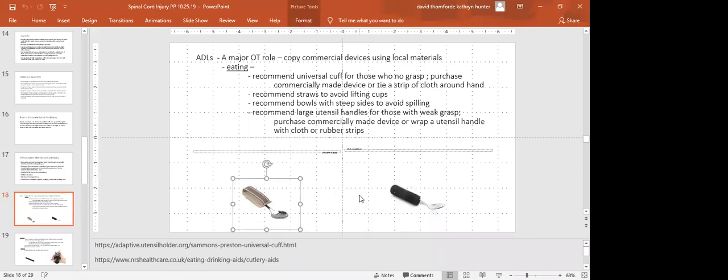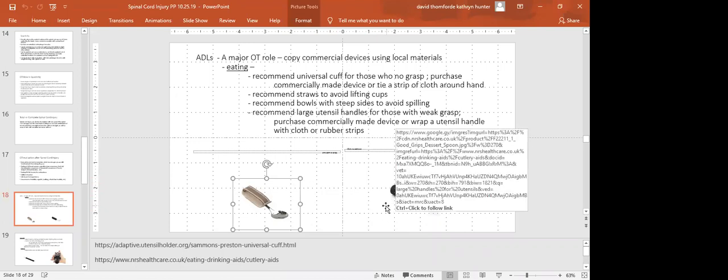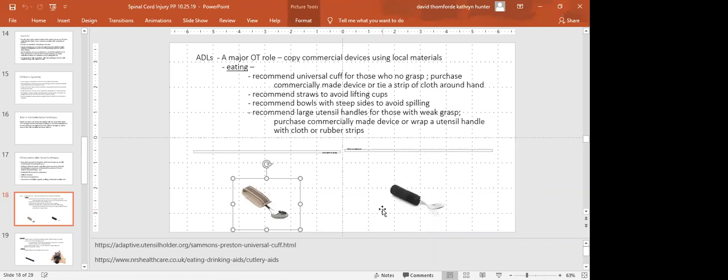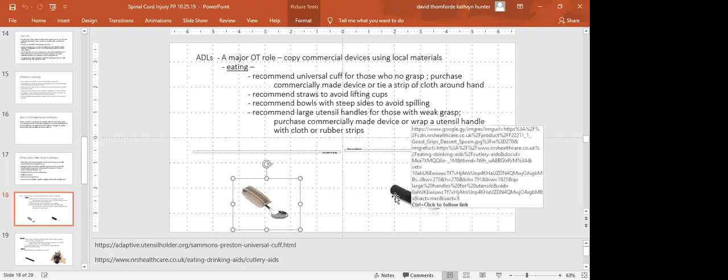Now, some people may not lack grasp, but they may have a weak grasp. In that case, you can purchase, here on the right, one of these large handled utensils, or you can take their spoon and wrap it with cloth. You can wrap it with a piece of bicycle tire so that they have a larger handle that's easier for them to grasp and pick up things.